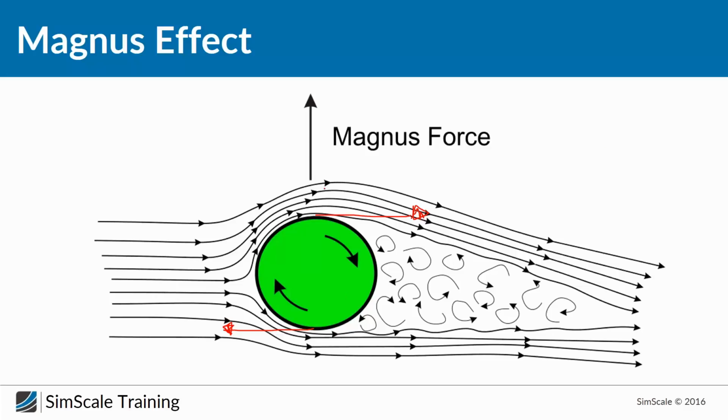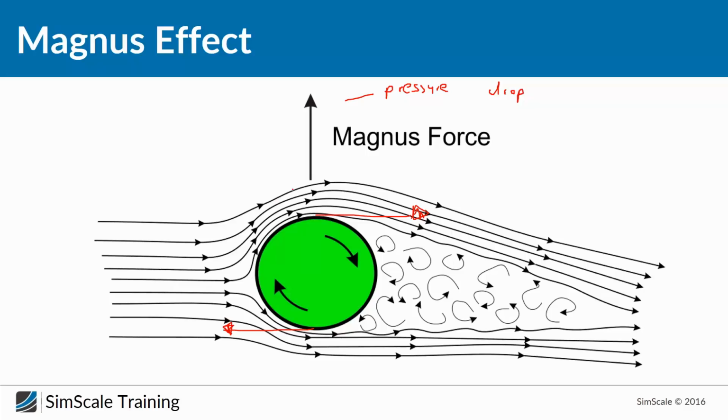And therefore you will have a higher pressure drop here, because from Bernoulli's law, which I think we also talked about, pressure drops when you accelerate the flow, and therefore you will have a pressure difference which will result in an acting side force in this direction.